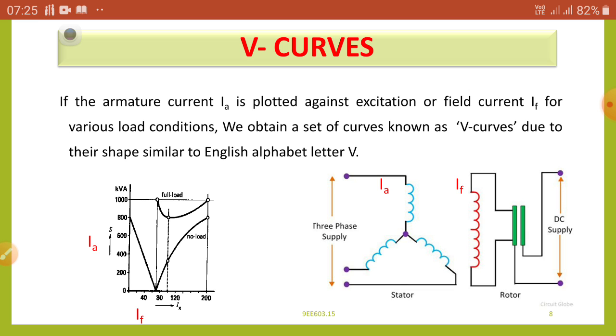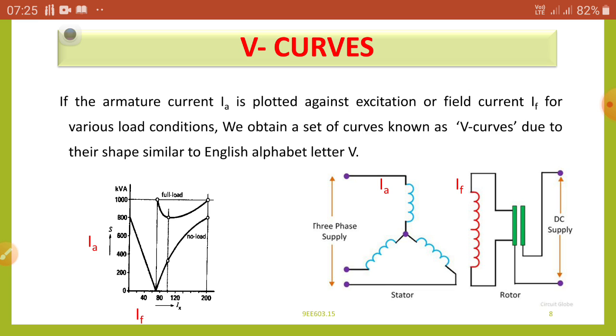Further change the rheostat to 0.5 amperes, then take down the ammeter reading and power factor meter reading. Now go on changing the field current: 1 ampere, 2 amperes, 3 amperes, up to the rated field current of the rotor side. Then you take nearly 10 to 12 readings continuously.